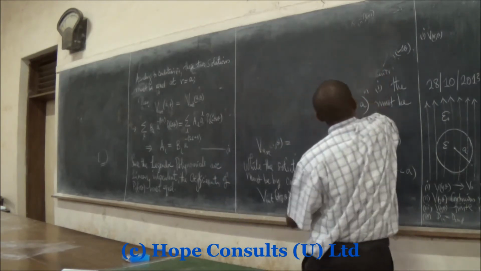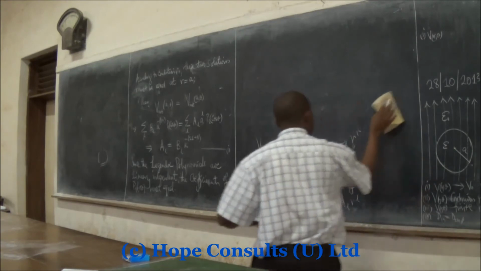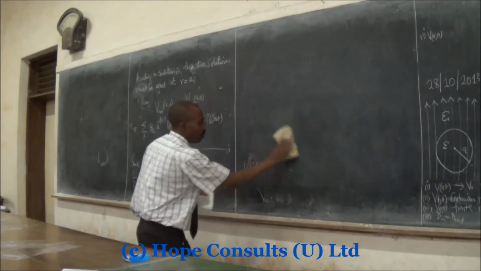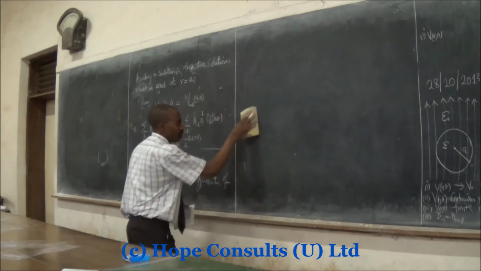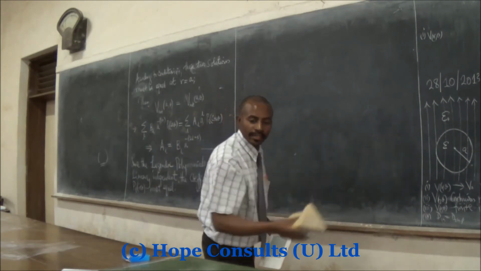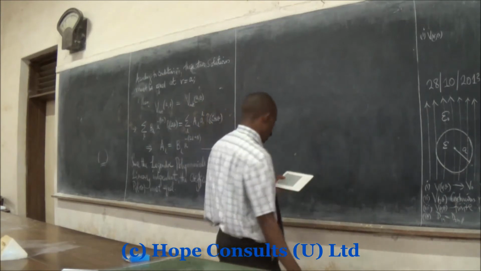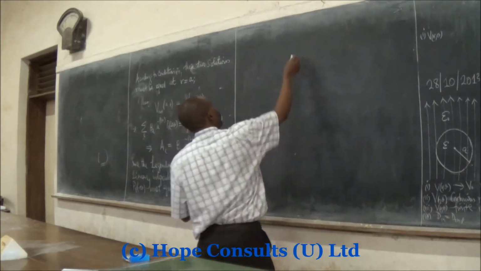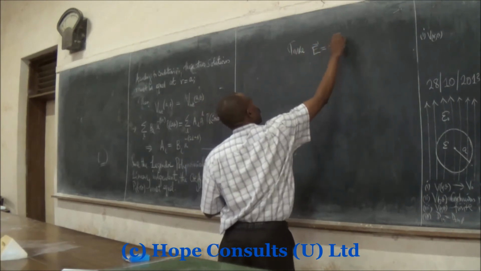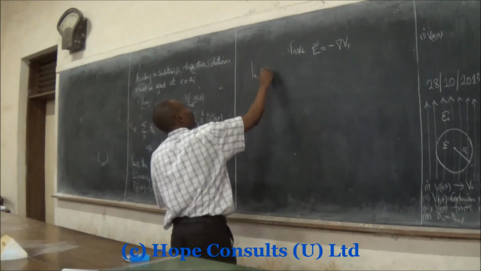We also recall that the electric field density is given by E equals minus grad V. Then we can move forward to getting more things. Once we get the potential, we can use that to get the electric field density, and we can go further and get the surface charge density. So take E equal to minus grad V in spherical coordinates.